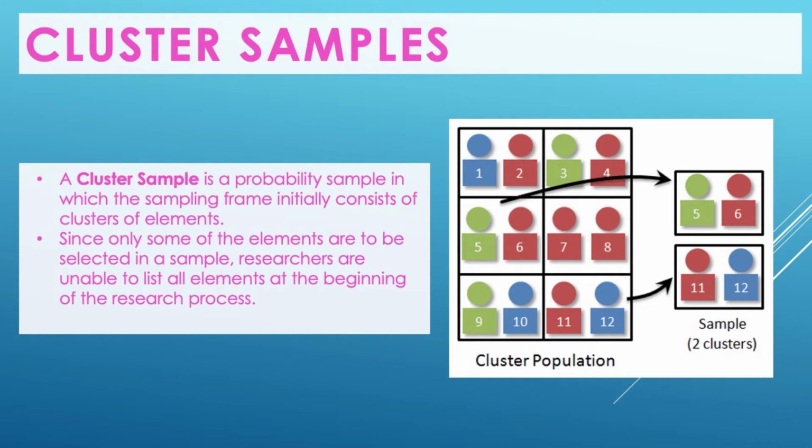And since only some of the elements are to be selected in a sample, researchers are unable to list all of the elements at the beginning of the research process. Essentially, the randomization of the sample is conditional upon the characteristics of the cluster. And you might be thinking to yourself, oh my God, what does this even mean?